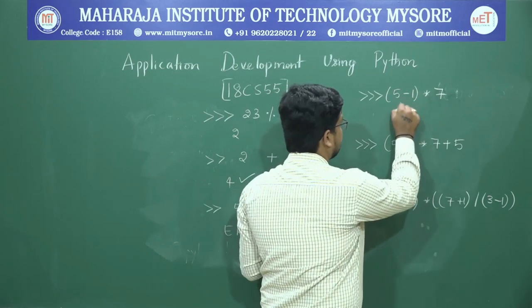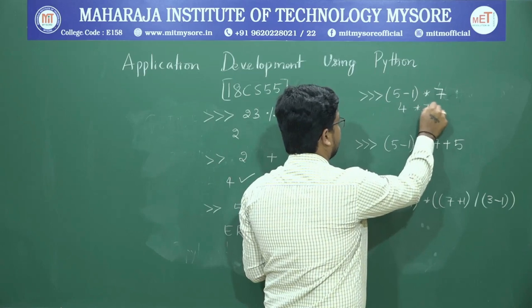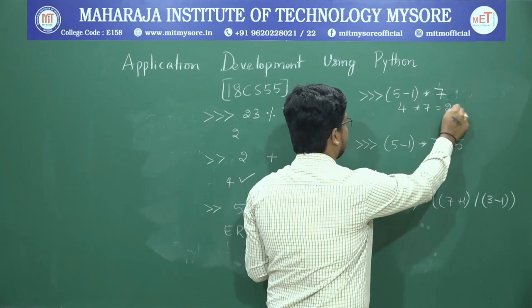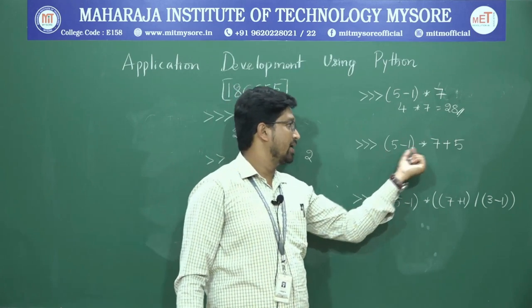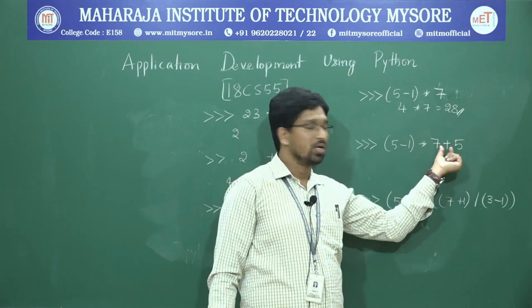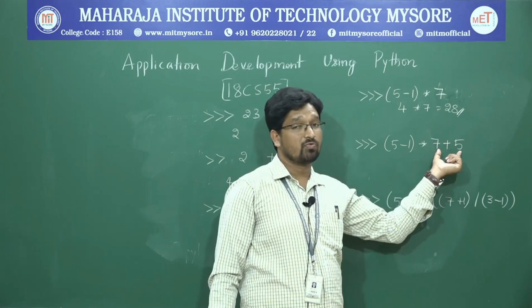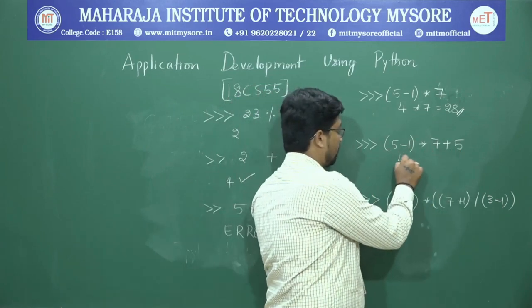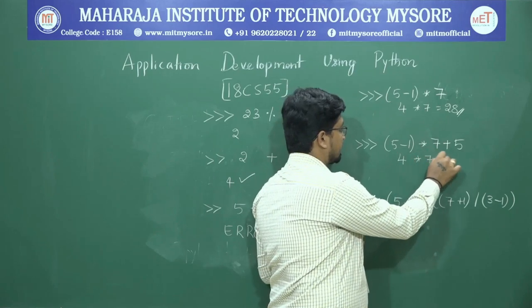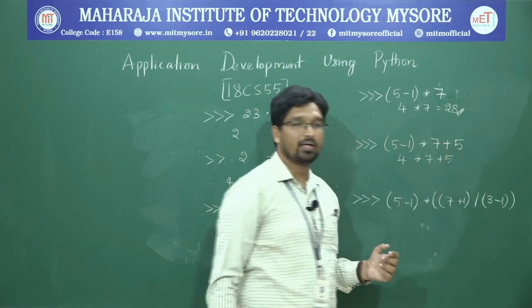So 5 minus 1 is 4, into 7, which is 28. Here again we have bracket, star and plus. You cannot evaluate 7 plus 5 first. You need to evaluate the bracket first, that is 4 star 7 plus 5, correct?